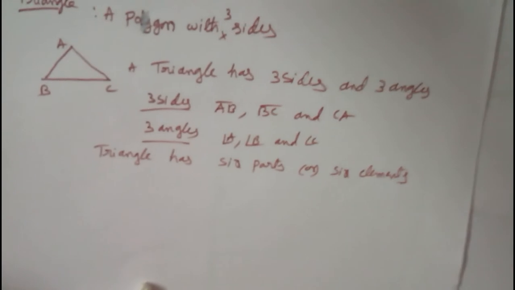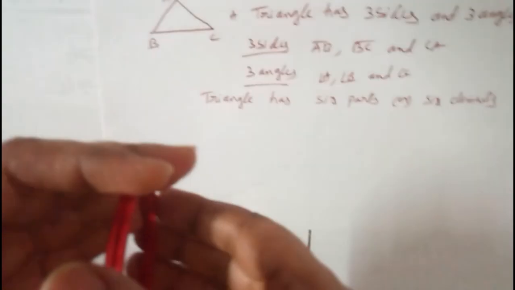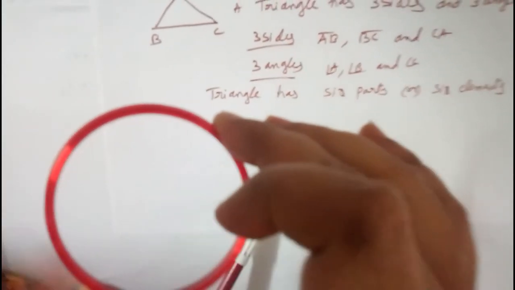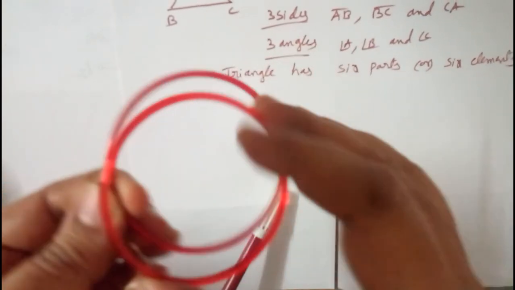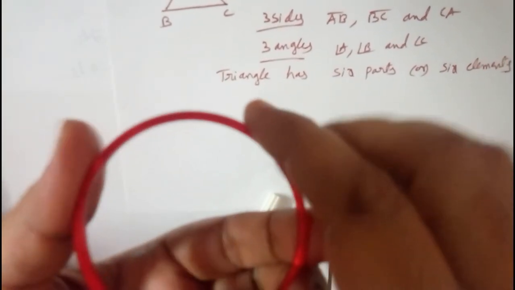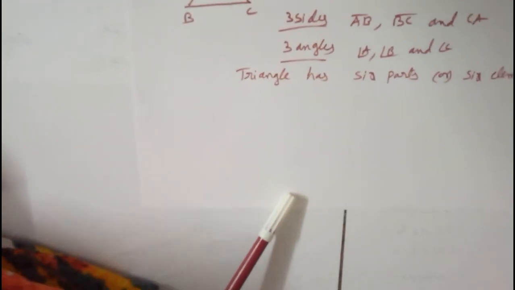Next, if you see bangles of the same size, we place one on another, these two coincide. Now see, these two are the two sticker packets of the same company.